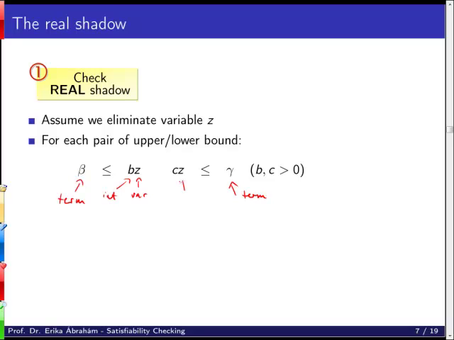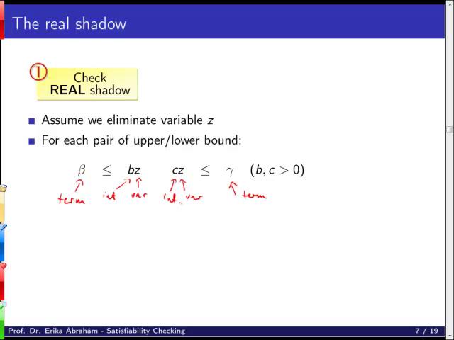This is our variable, and this is again an integer coefficient. Then we have seen that now I have a lower bound on Z and an upper bound on Z. So basically I can check if these bounds define an empty interval. If this is the case, then there are no solutions, and if the interval is non-empty, then there exists at least one real solution. So this was the elimination procedure that we used.